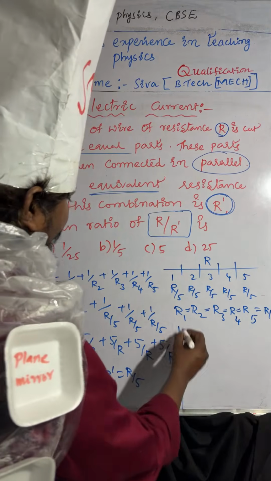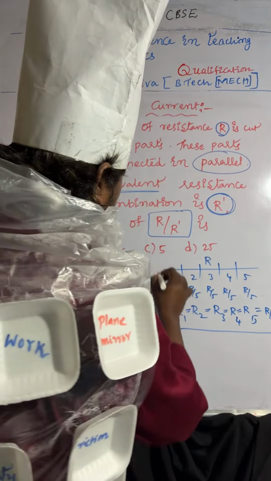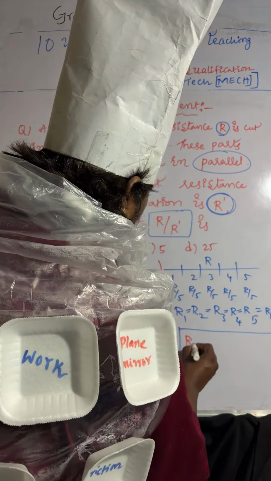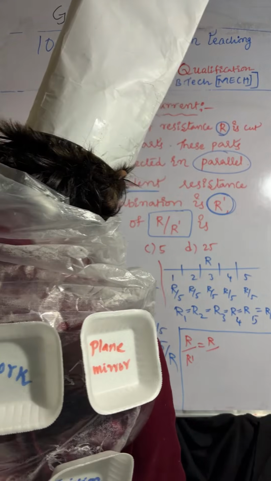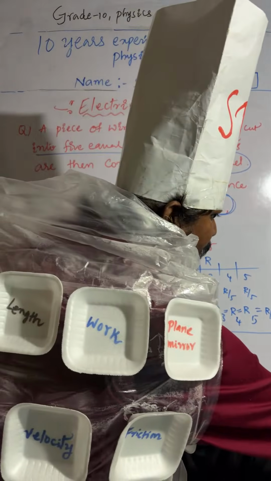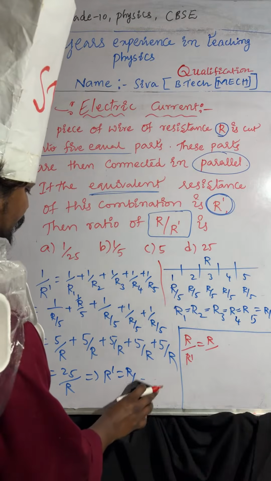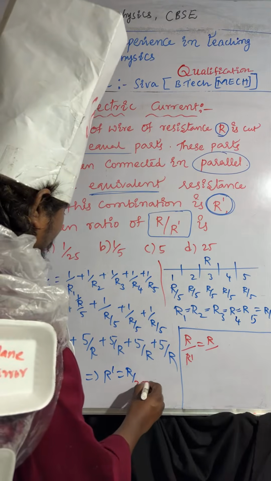They are asking the ratio of R by R dash. So you can see R by R dash, so this is 25, right? Here is the 25. So R dash is equal to R by 25, right?